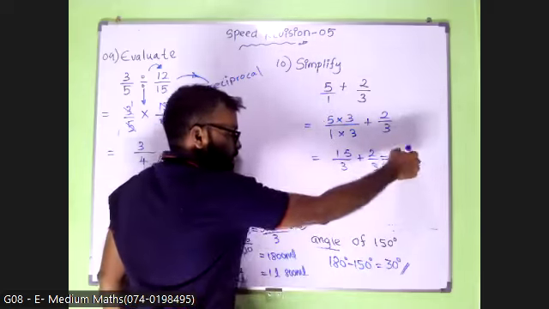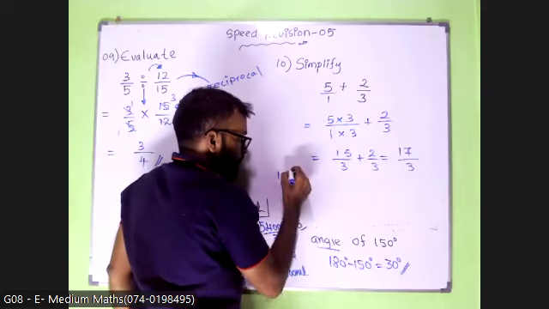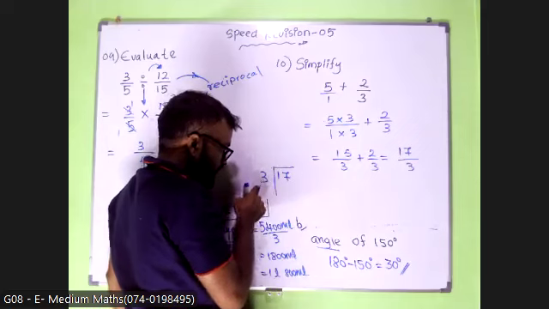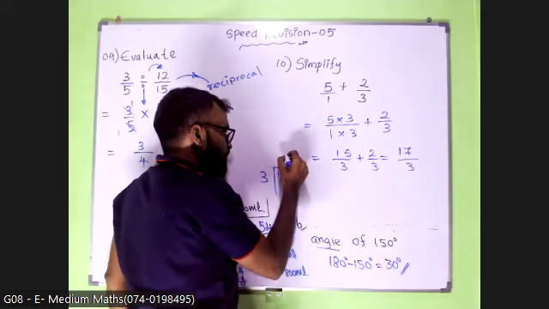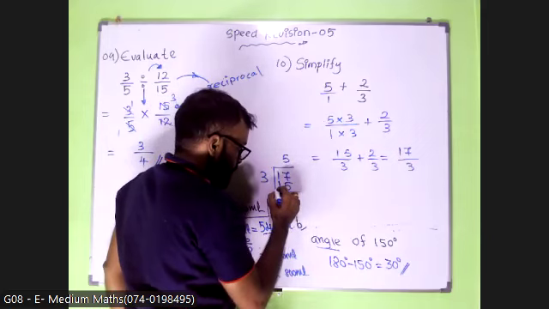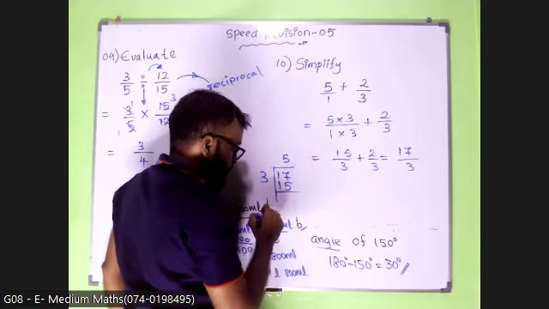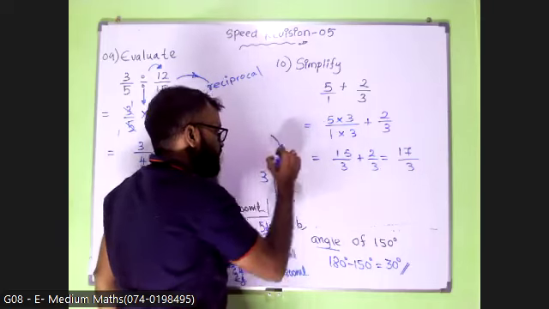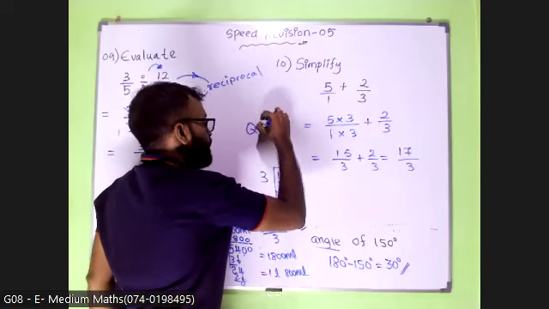How to convert this improper fraction into a mixed number? You have to divide 17 by 3. 3 times 5, 15. So 17 minus 15, the remainder is 2.